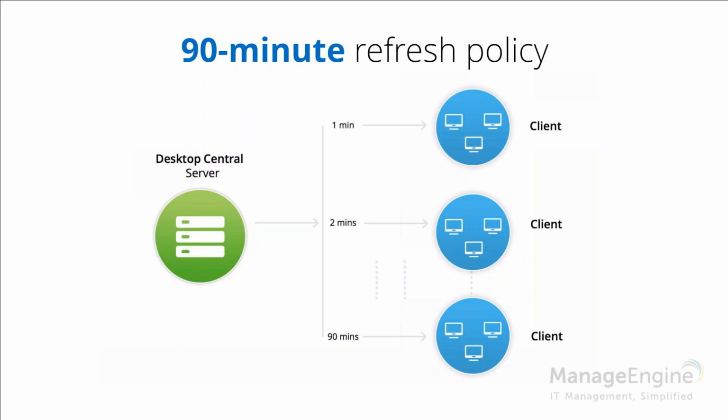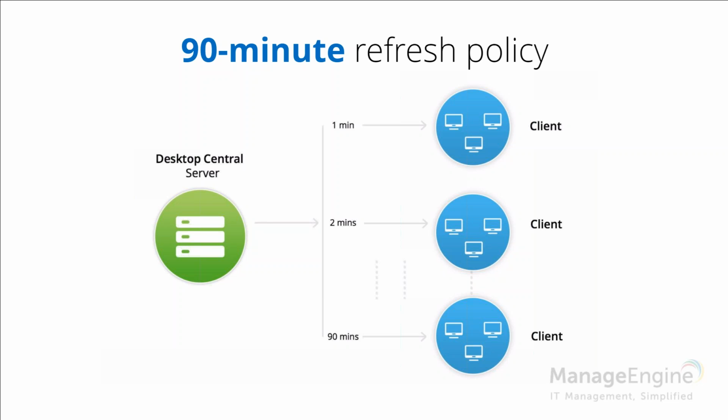So within the first minute, only 10 computers will communicate, take the job and execute on the client machines. Followed by the next minute, the next set of 10 machines will talk to the server, take the job and execute on the client machines. And so on, within 90 minutes, all the 900 computers will communicate to the main Desktop Central Server and take the task and execute on the client machines.